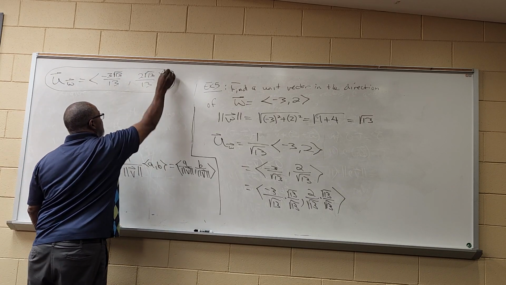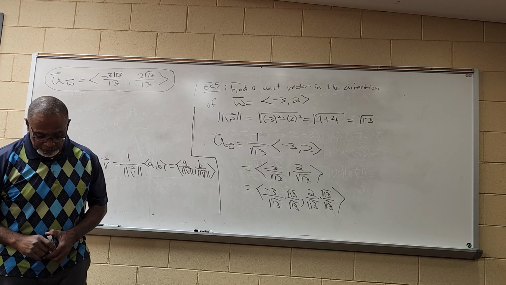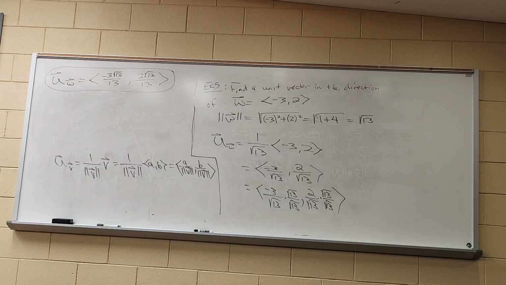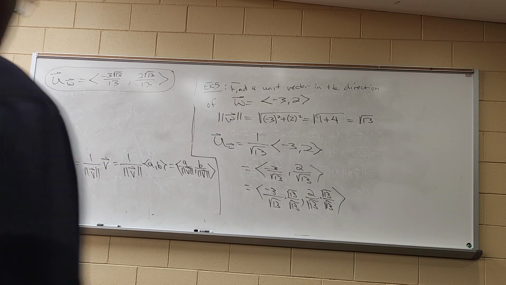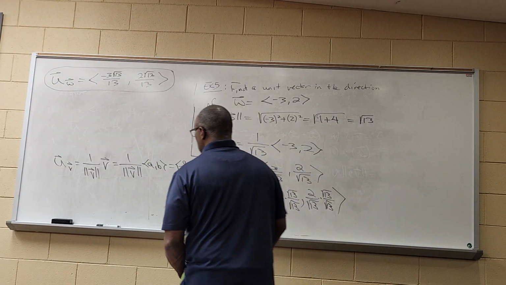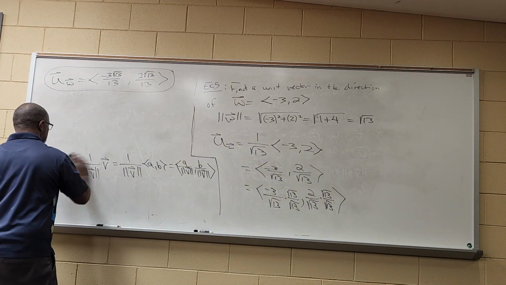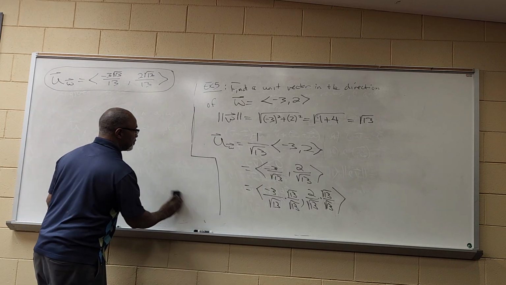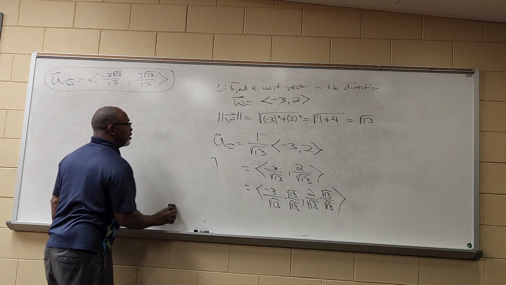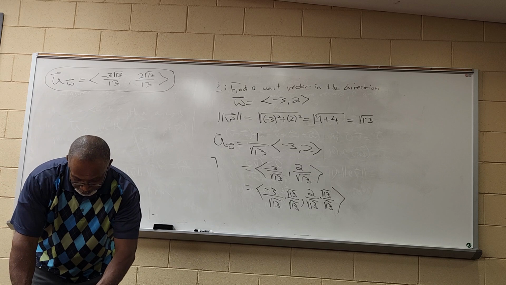There would be a unit vector in the direction of vector w. So finding a unit vector in the direction of a given vector is pretty straightforward. You just have to apply that formula. Nothing hard about that.